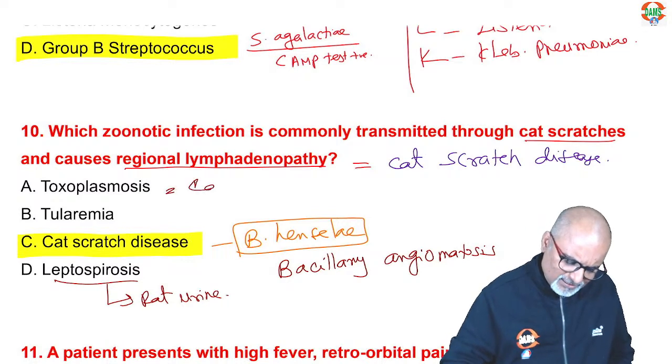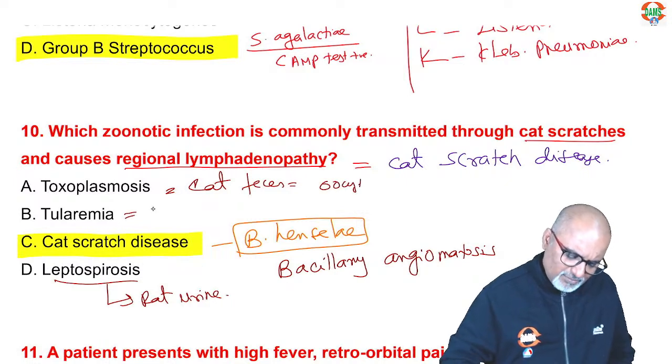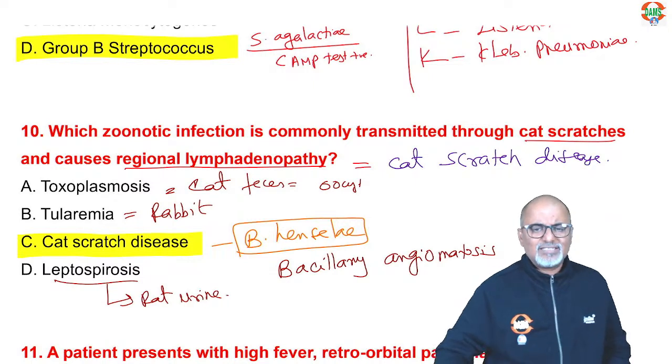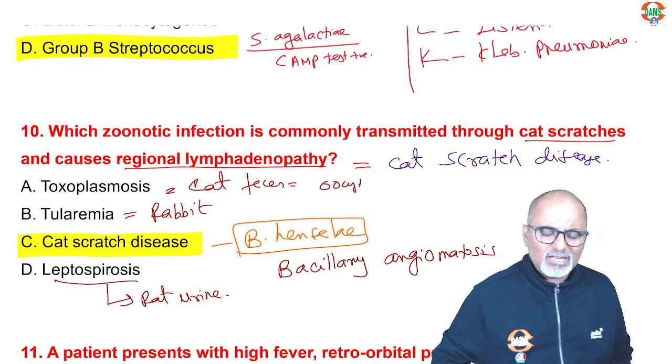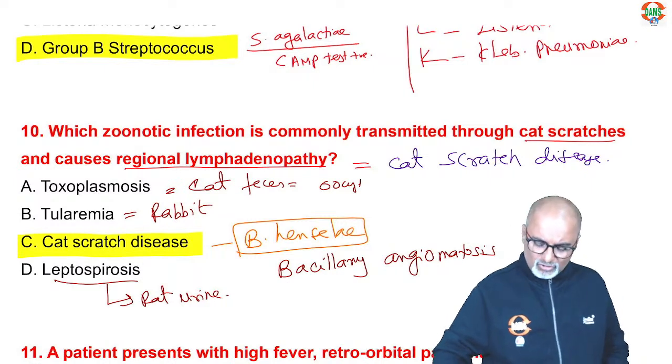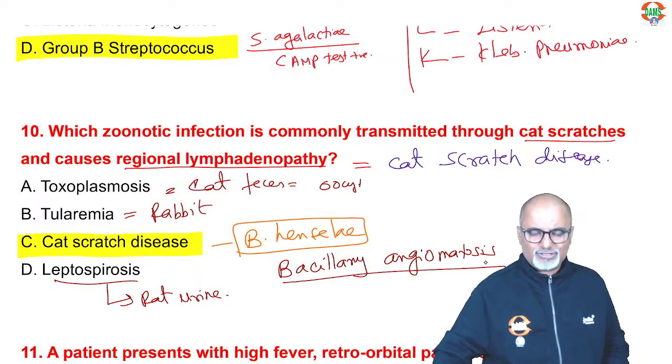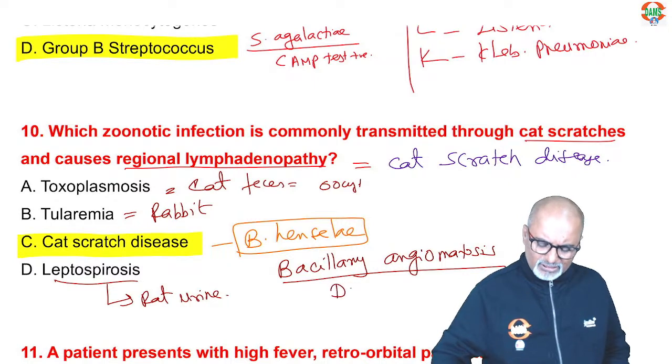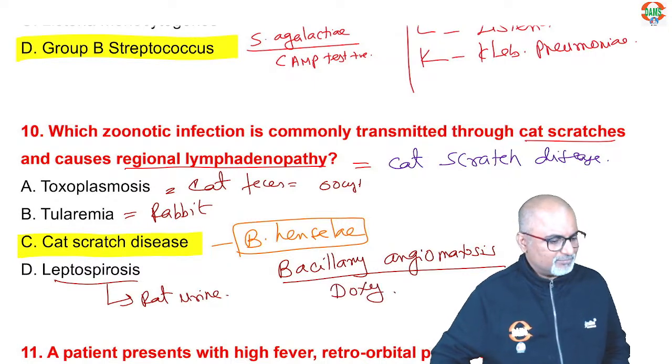Toxoplasmosis is by cat feces containing oocysts. Tularemia is by rabbit. So cat scratch disease is caused by Bartonella henselae, and it also causes bacillary angiomatosis.